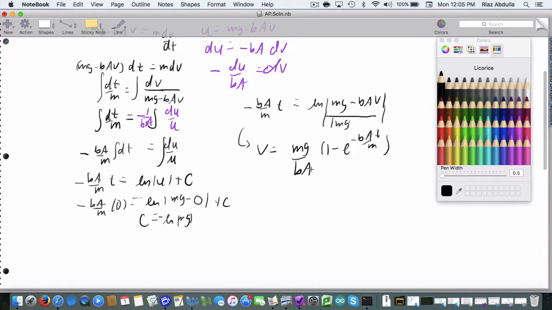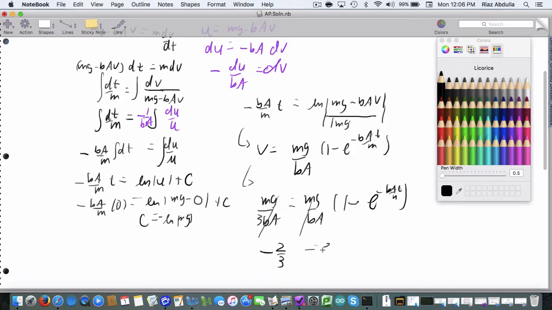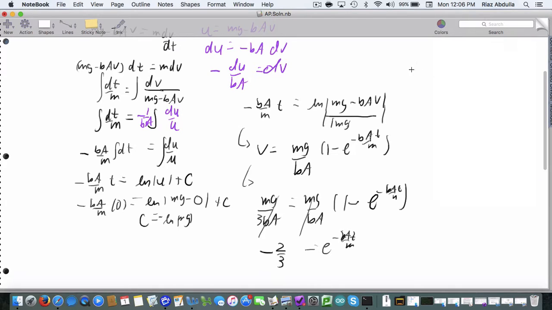Now, we want to reach 1/3 of terminal velocity. So we're going to actually get mg over 3BA equals mg over BA times 1 minus e to the negative BAt over m. We want to know when that happens. So let's isolate a little bit here. We're going to get negative 2/3, because there's going to be a lot of cancellation here, equals e to the negative BAt over m. We take the natural log of both sides.